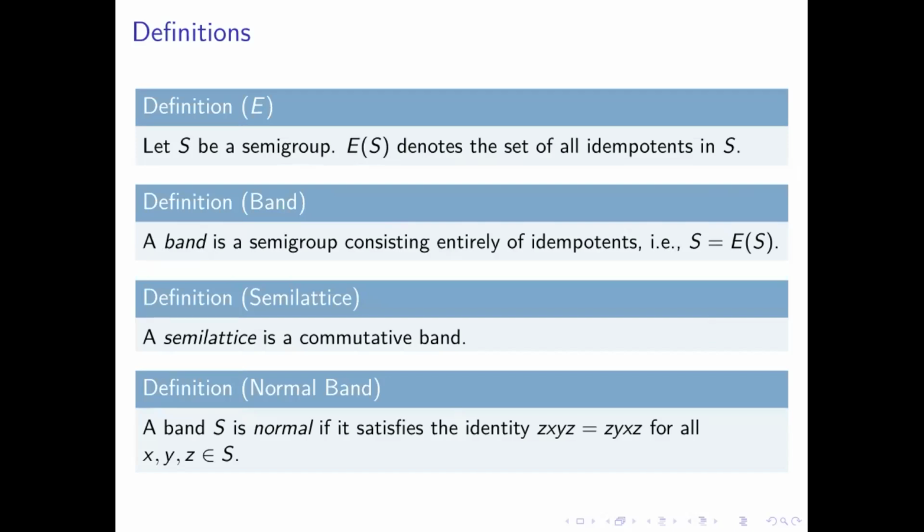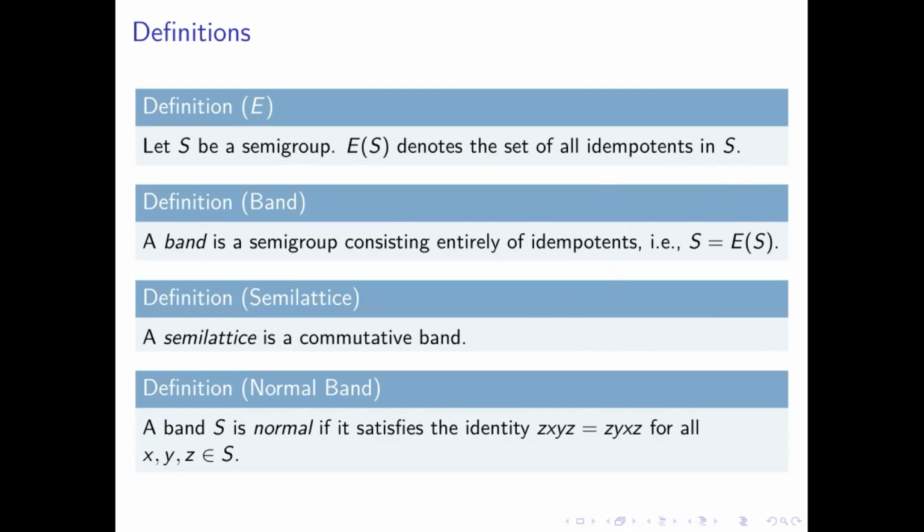Before the main result, we'll go over some definitions. Here are some semigroup definitions. Let S be a semigroup, and E(S) means the set of all idempotents in S. A band is a semigroup consisting entirely of idempotents. So if everything is idempotent, then we call that semigroup a band.